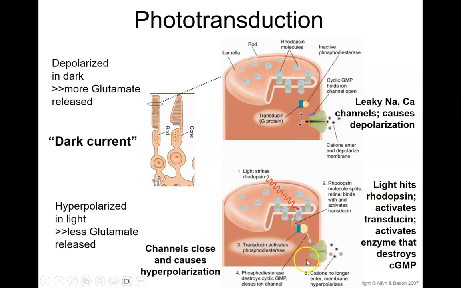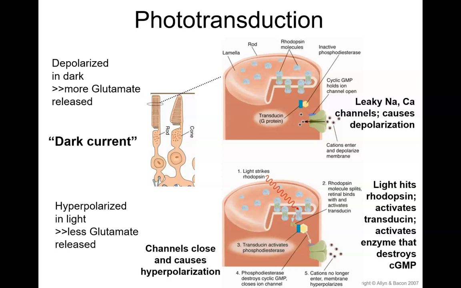As a result, the cell begins to hyperpolarize and less glutamate is going to be released. Now, as I mentioned, this is going to happen in the cone too, but because each of the three cones has its own opsin protein, we're going to see some slight differences because they are responsive to very specific wavelengths of light to convey information about color.